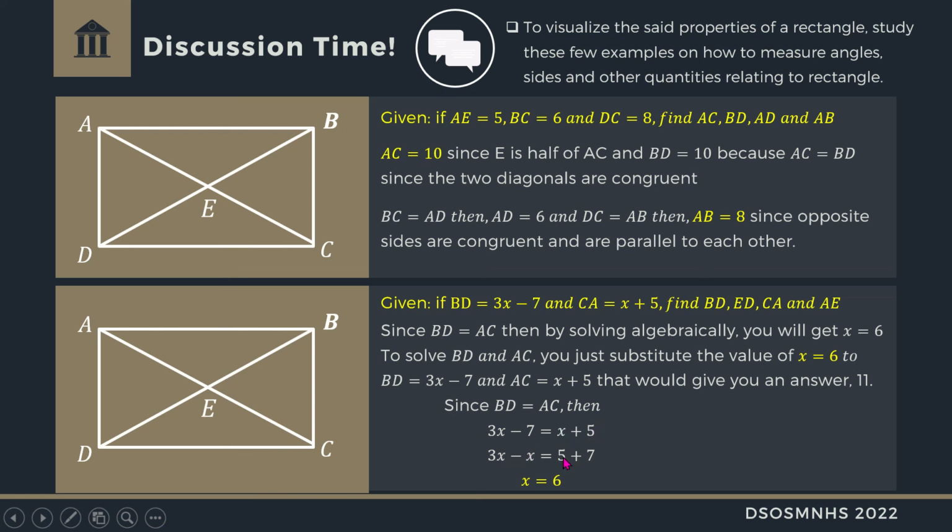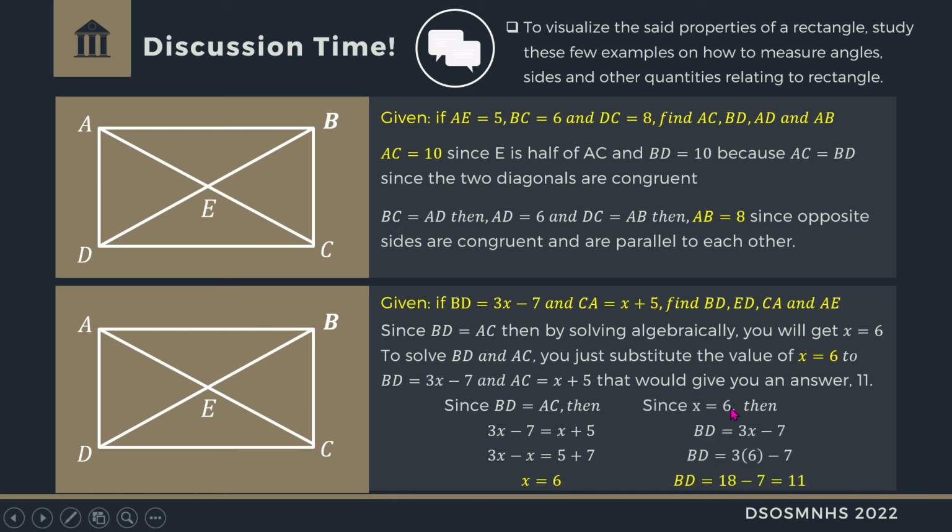Then we copy positive 5. The negative 7 from the left side becomes plus 7 on the right side. So 3x minus x is 2x, equal to 5 plus 7 which is 12. So 2x equals 12. To solve for x, 2x divided by 2 equals 12 divided by 2. Therefore x is equal to 6.